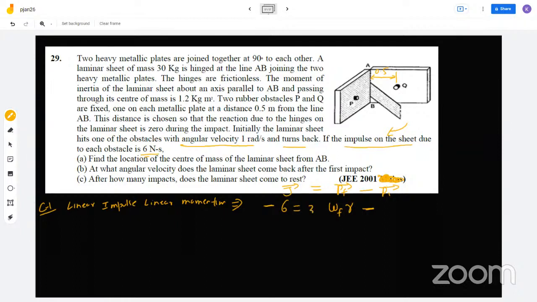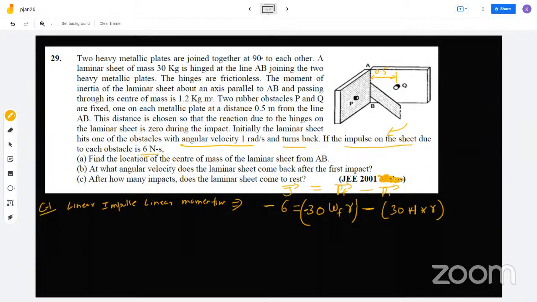The final one is on the negative side, reversed. The initial one will be 30 times the initial angular speed, which is 1, times the radius r. So one equation has come.